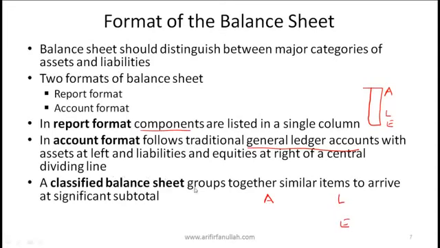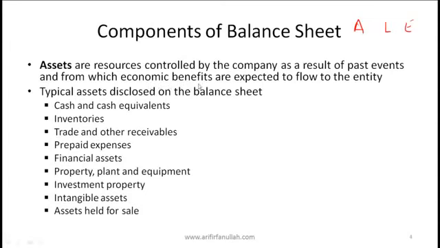A classified balance sheet groups together similar items to arrive at significant subtotals. Assets are resources from which economic benefits are expected to flow to the entity. So anything from which the company expects some benefit in the future is called an asset, and typical assets on a balance sheet would be cash and cash equivalents, inventory, trade and other receivables.